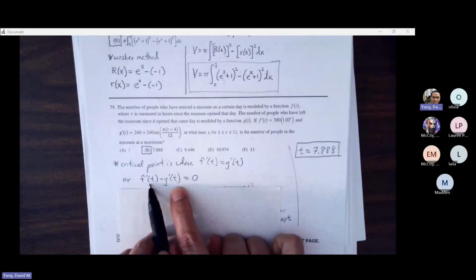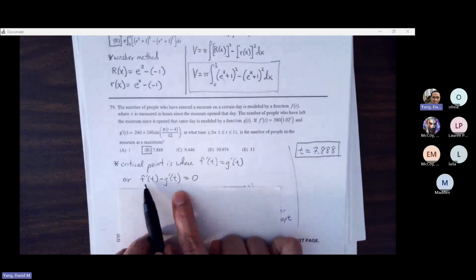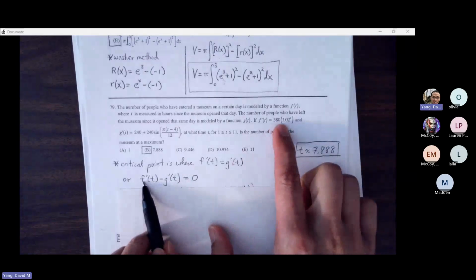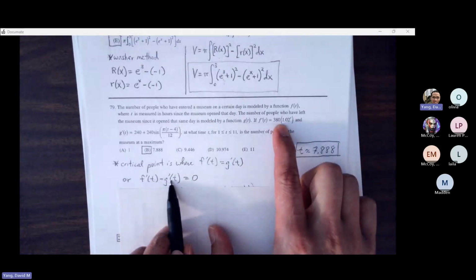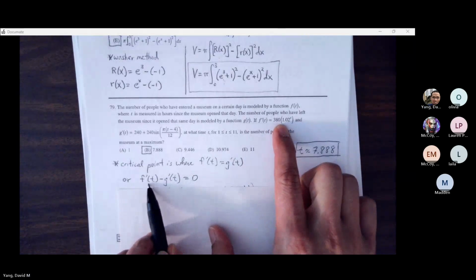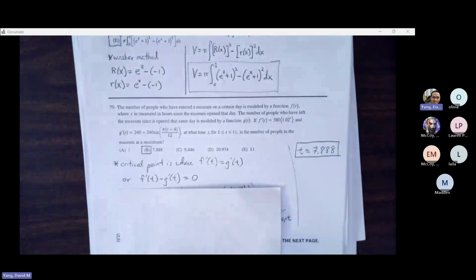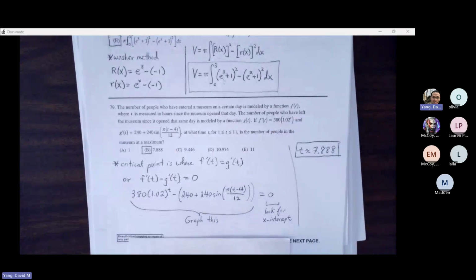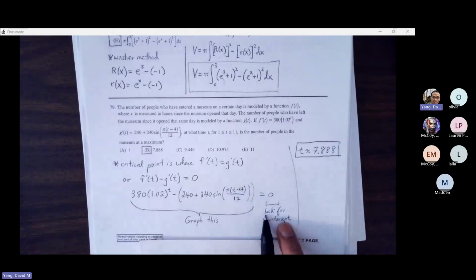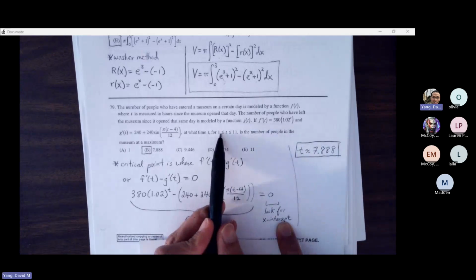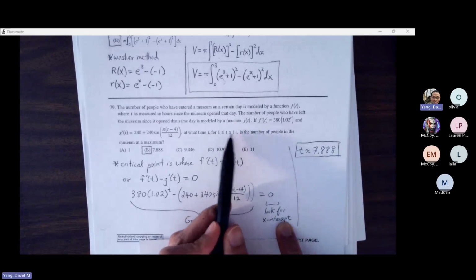So now I can just put this in the calculator, make this y sub 1, make this y sub 2, and then subtract y sub 1 minus y sub 2 in your calculator and look for the x-intercept. You're going to want to adjust your x-min and x-max to be 1 and 11.